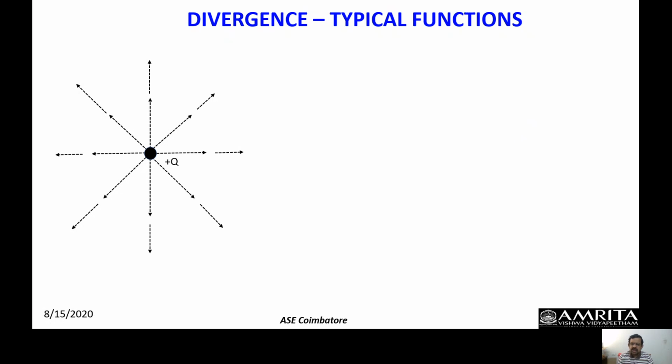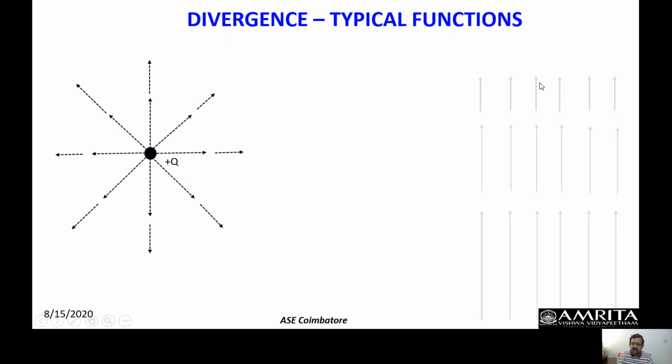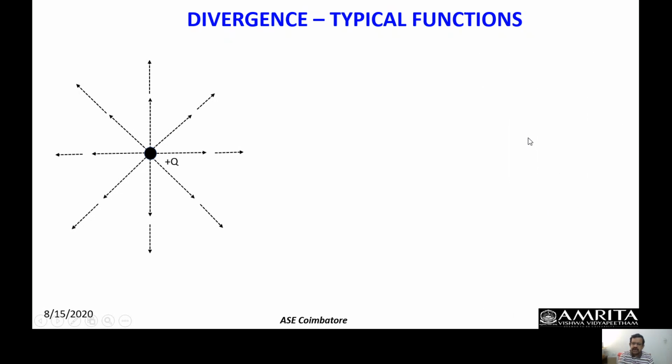Rather, the direction remains uniform, but the scalar value associated as a function of spatial coordinate is not equal, which means it has a z dependence as far as the coordinate is concerned.